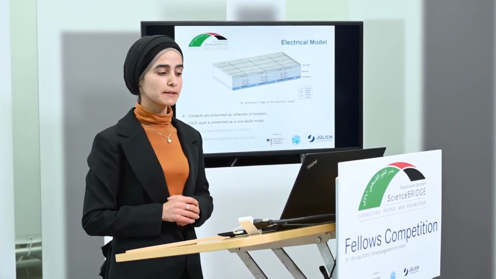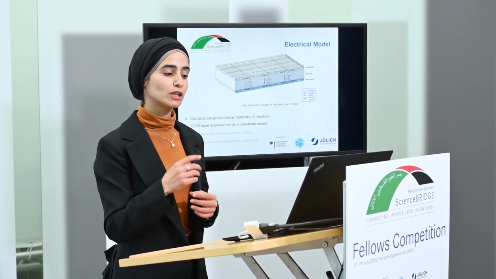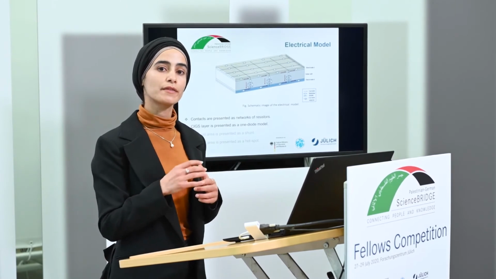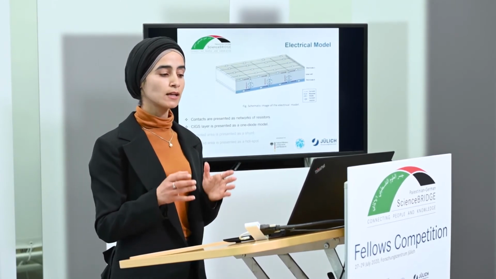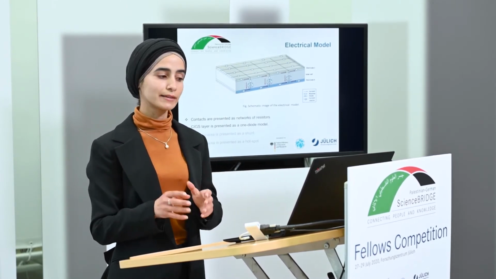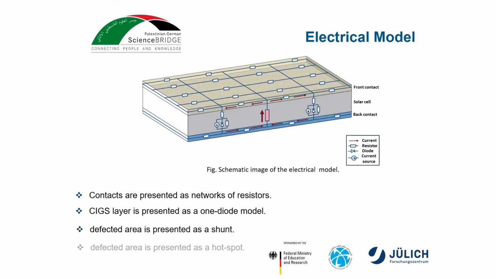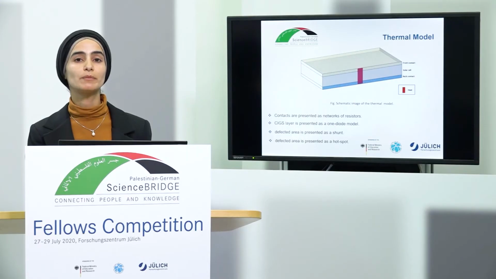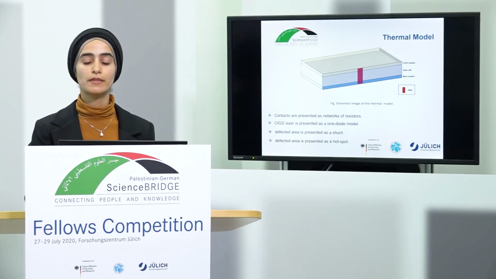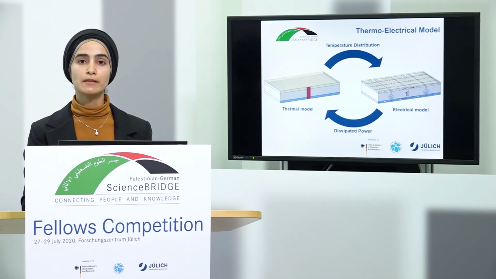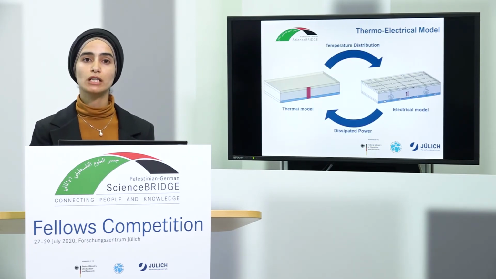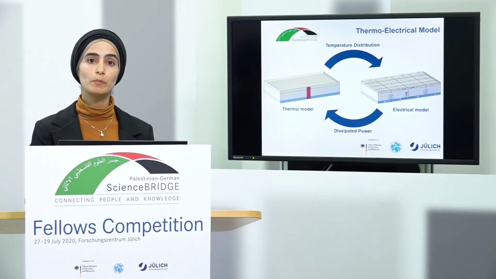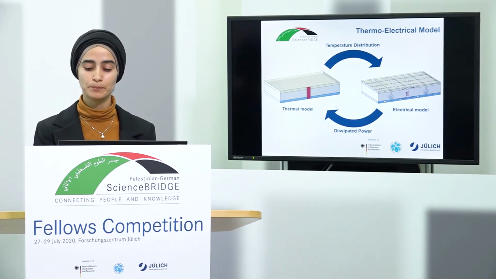At each segment, these electrodes will be combined together with the CIGS layer, which is presented as a one-diode model. The defected area will be presented as a shunt or a resistor in the electrical model, but it will be presented as a hotspot in the thermal model. Then, by using these thermal and electrical properties, I can combine both models together.